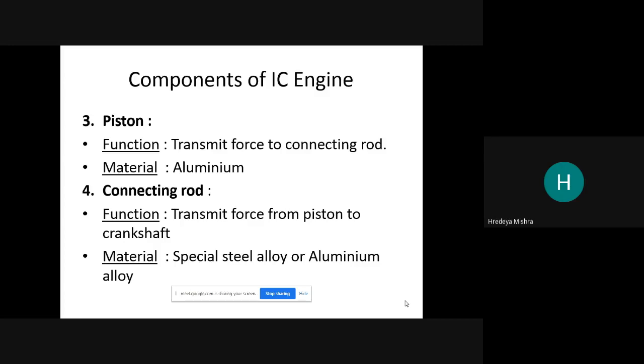Why is aluminium used? Aluminium is now replacing cast iron and all other materials because of its light weight. Its strength is near to materials like cast iron and copper, because cast iron and copper are costly and aluminium is low cost. So aluminium is a good material for reducing the weight of the component.